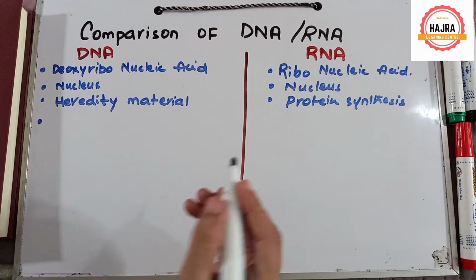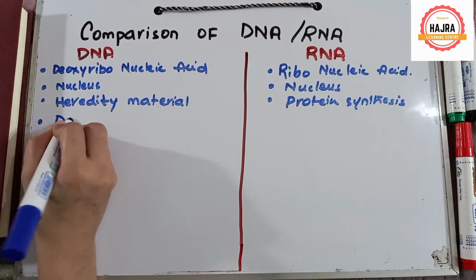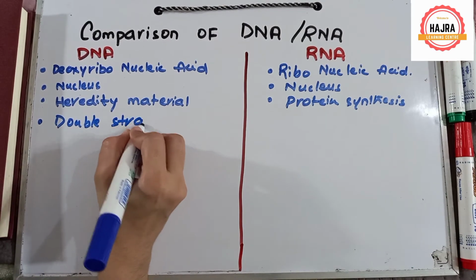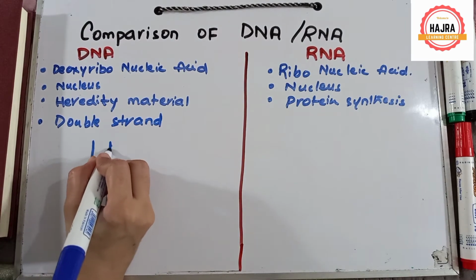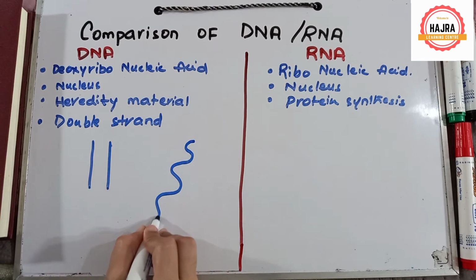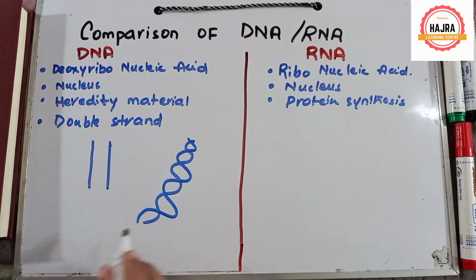Now let's come to the next point. DNA has a double-stranded structure. This is one strand, this is the second strand, and these two strands are twisted around each other. So this is the actual structure of DNA.